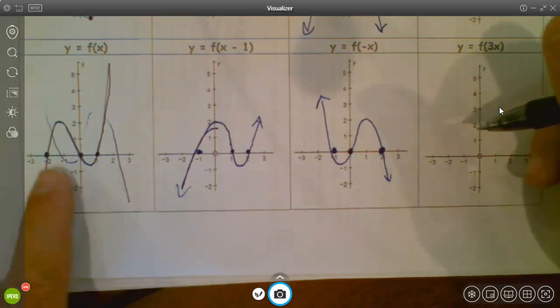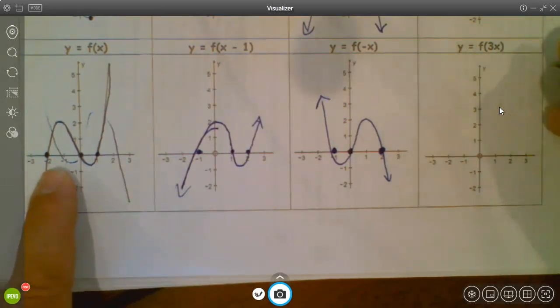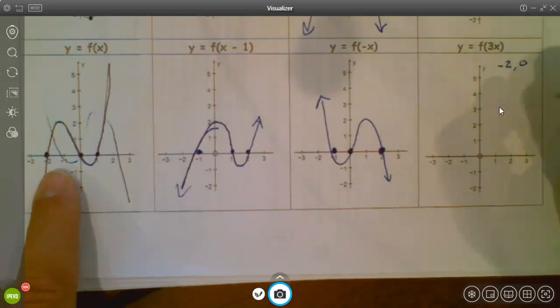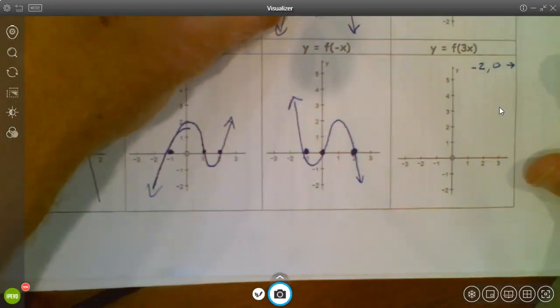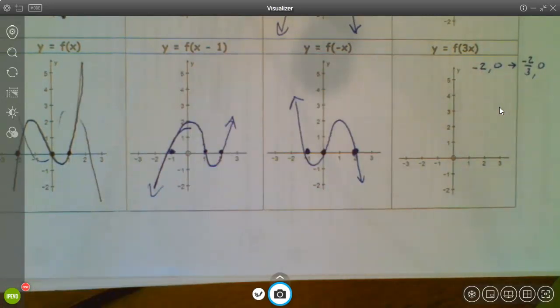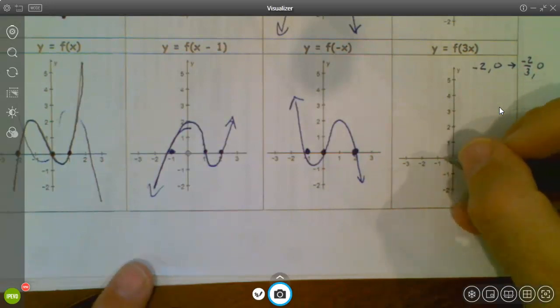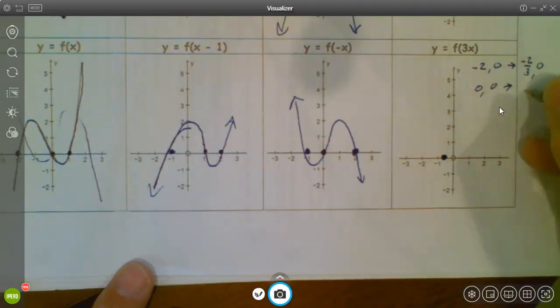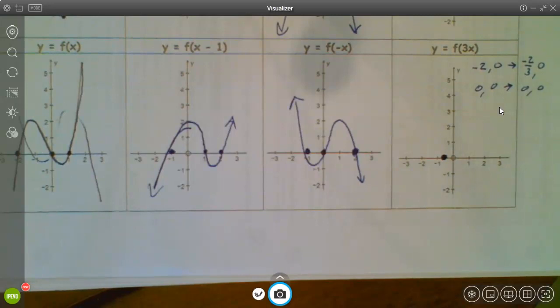So something that was at, I'm going to write these out, maybe this will help, negative 2, 0, if I divide that by 3, is now going to be at negative 2/3, 0. Right, that would be the new point. So now it's negative 2/3, 0. 0, 0 would still be 0, 0 if I divide those by 3. So that point is going to stay.